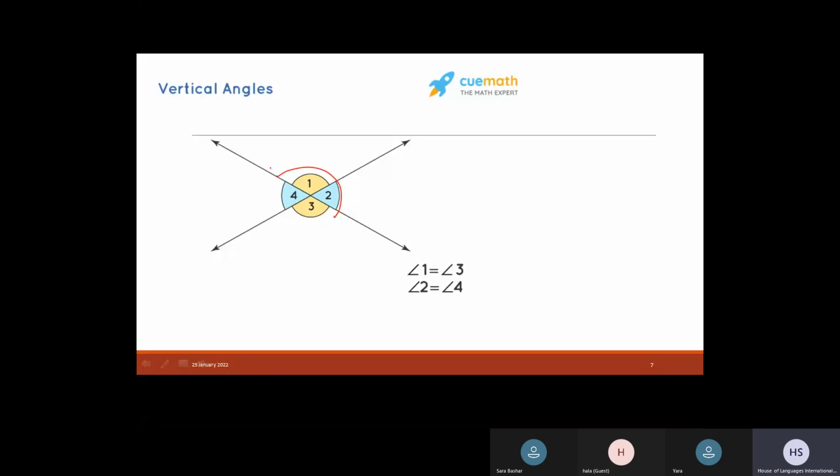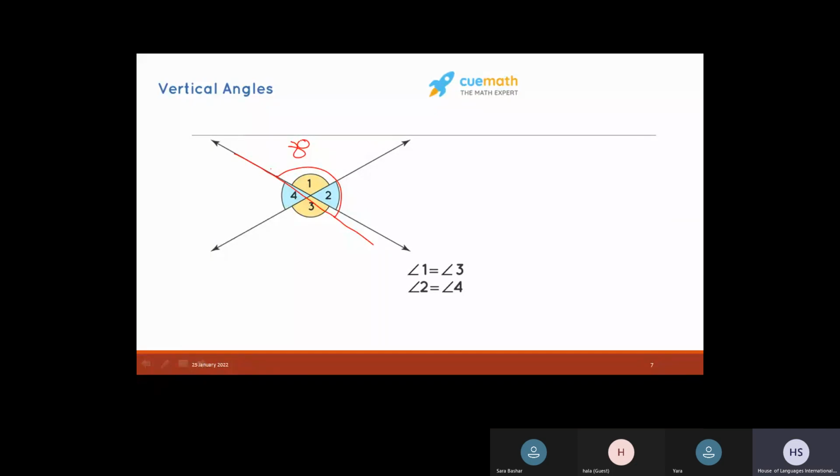The summation of 1 and 2, since they are on the same line, is 180. With 3 and 4, their summation is also 180.